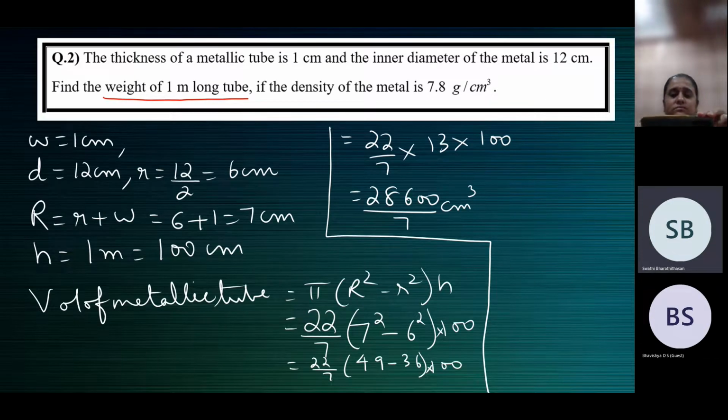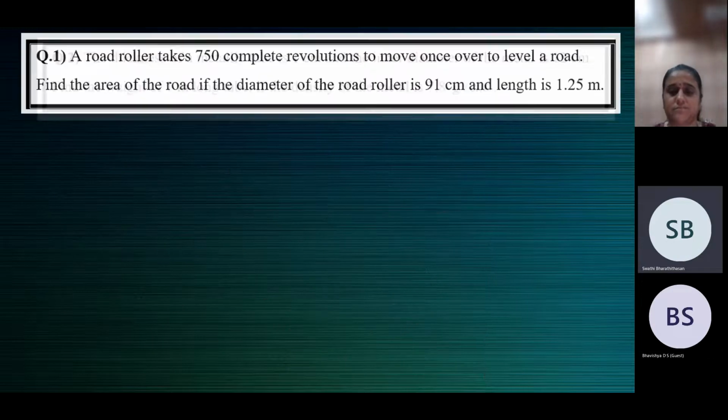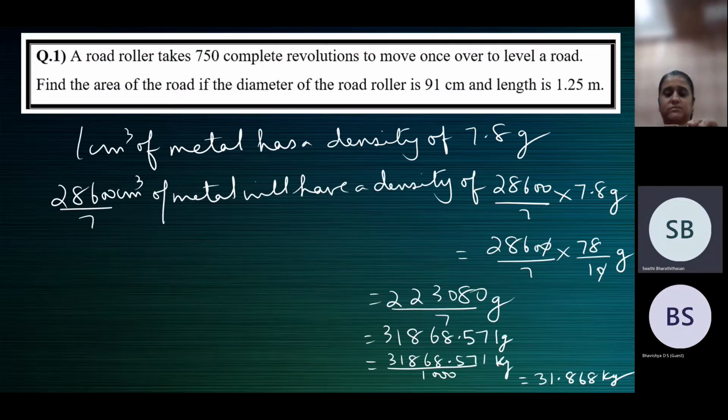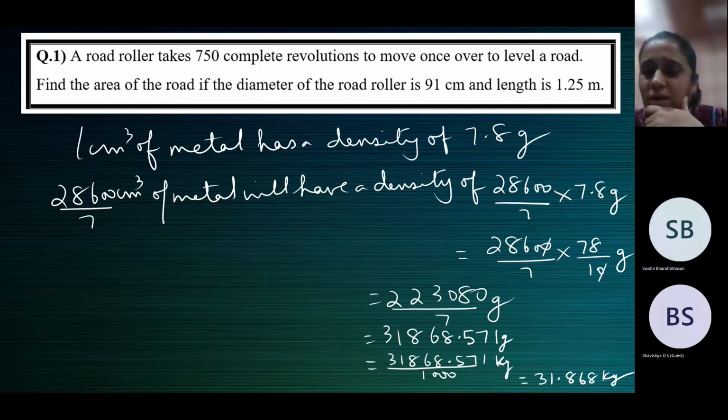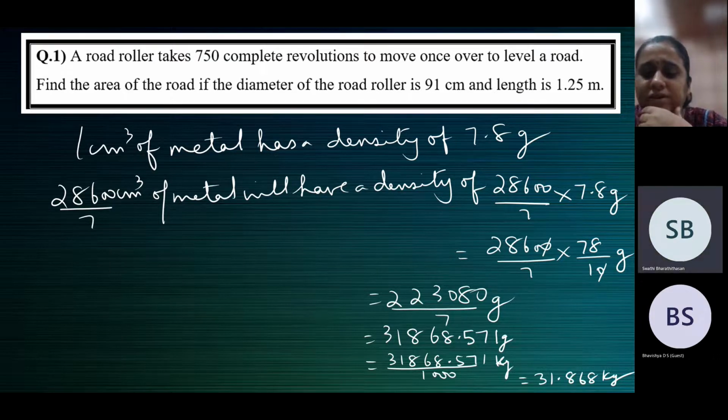In fraction form, we get 5,577 by 175, ma'am. How did you get 175 in the denominator?